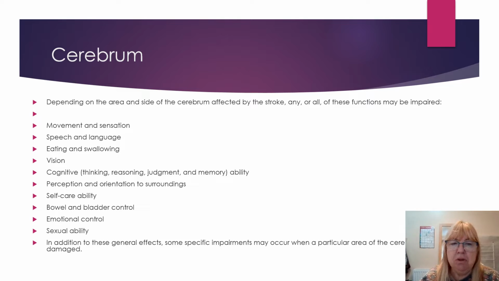So it could be movement, speech and language, eating and swallowing, vision, cognitive, that's your thinking, reasoning, judgment, memory, perception and orientation, so knowing where you are, what you can see, self-care ability, bowel and bladder control, emotional control, sexual ability, and there may be some other specific impairments as well.